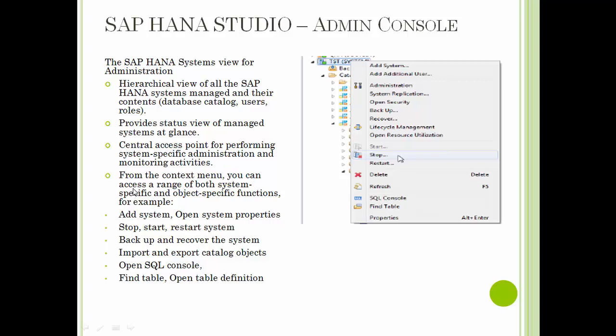From the context menu, you can access a range of both system specific and object specific functions, and also you can add systems and open system perspectives, and do all these activities: stop, start, backup, recover, import, export, catalog objects, also open the SQL console, find a table, open table definition, contents. All these are possibilities under the admin console.